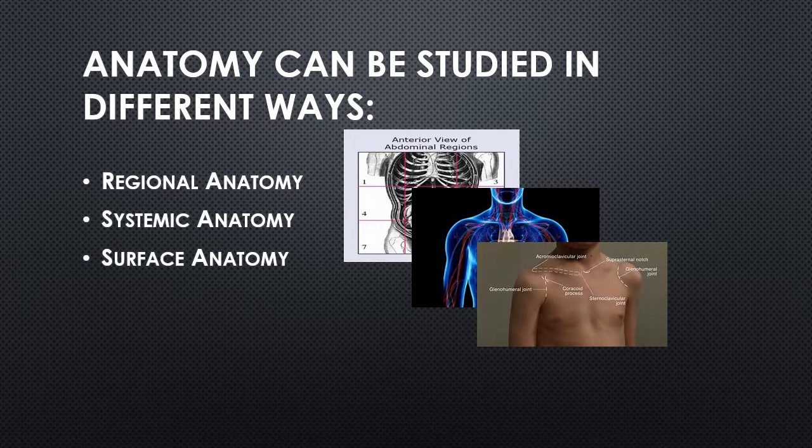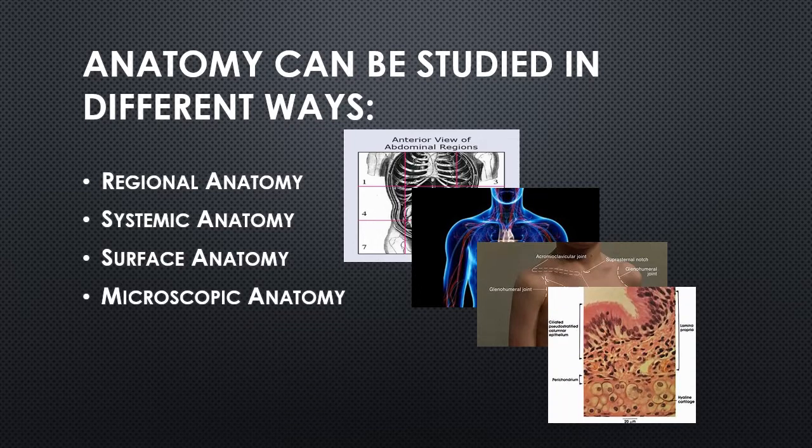Surface anatomy is where we pick a particular area, and all in that area we look at when determining a diagnosis. So if we're looking at the deltoid or the shoulder, we know we're talking about that region, that area. Microscopic anatomy is where we're talking about things we can't see with the naked eye, like the different tissue samples that you see at the bottom.